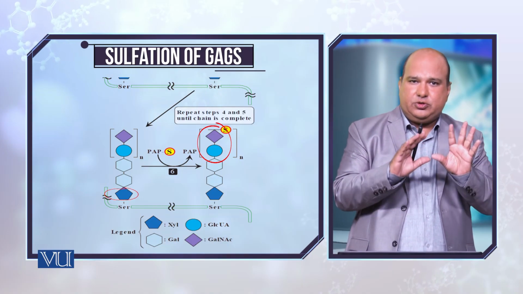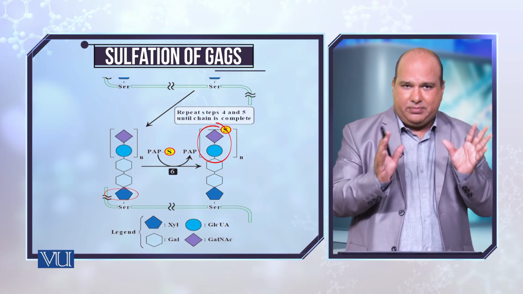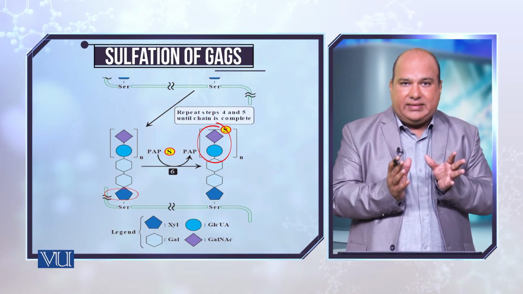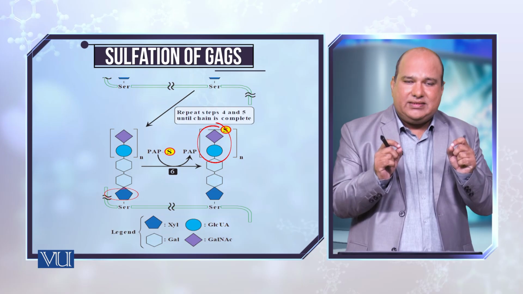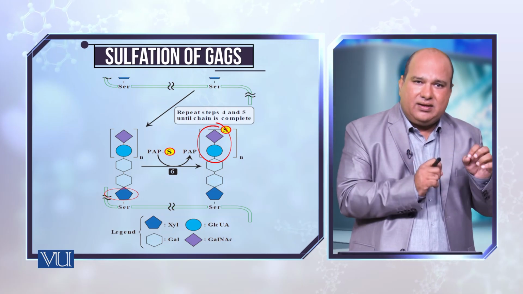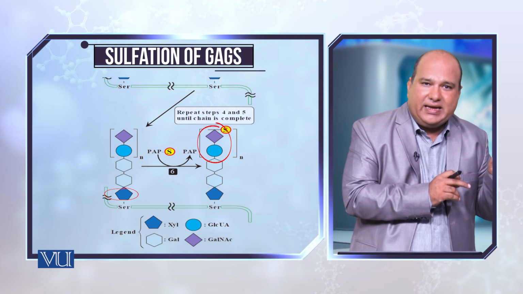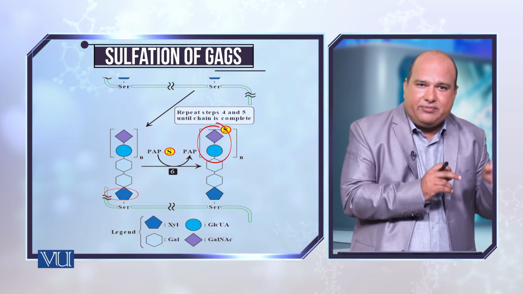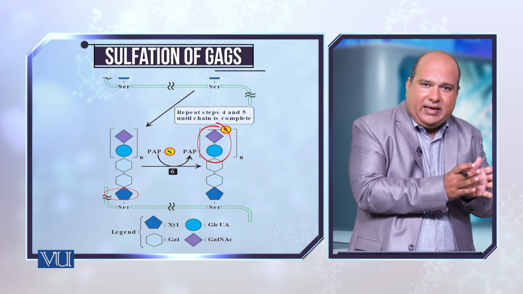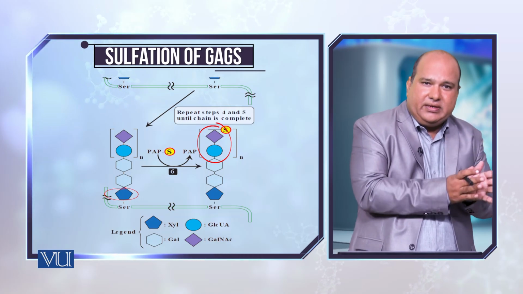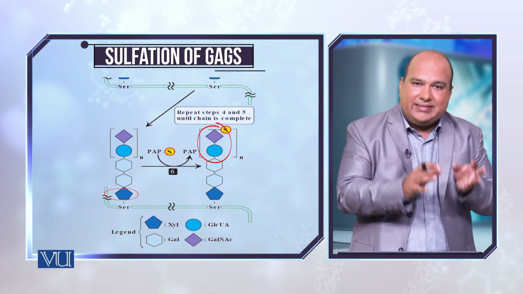This is something you should know, that it is not a small molecule, it is a large molecule. Then once the final residue of the carbohydrate moiety of the proteoglycan has been added, it undergoes the process of sulfonation.